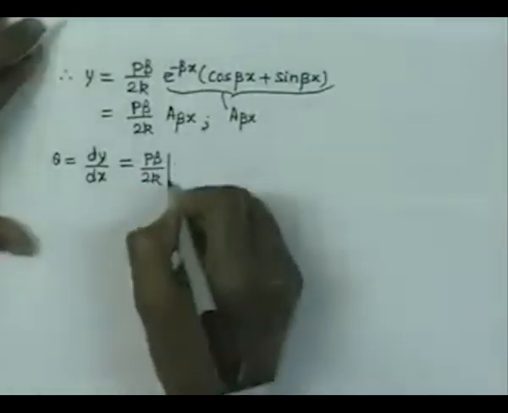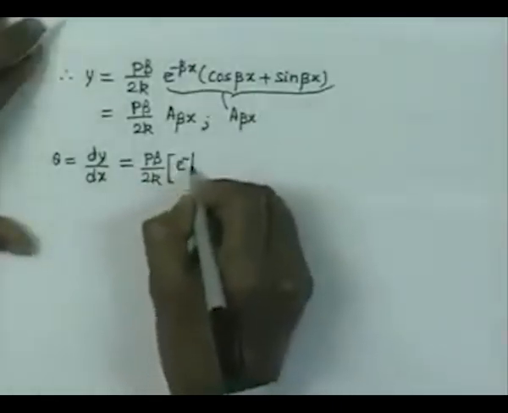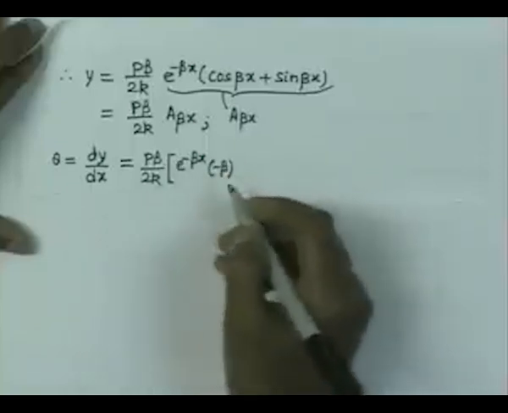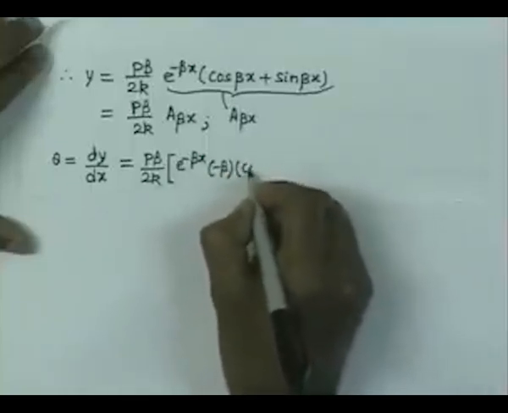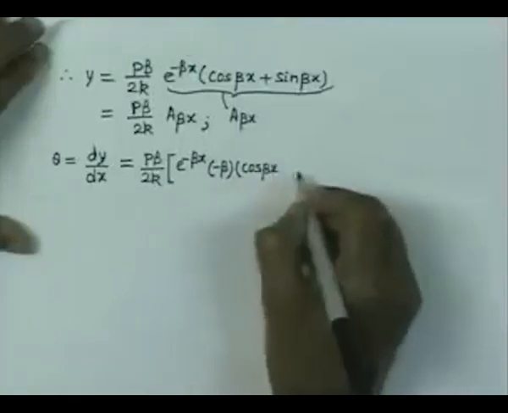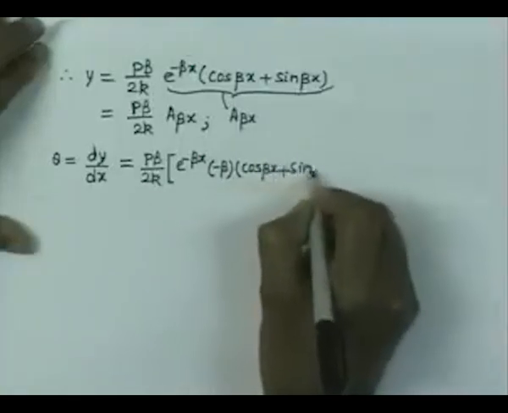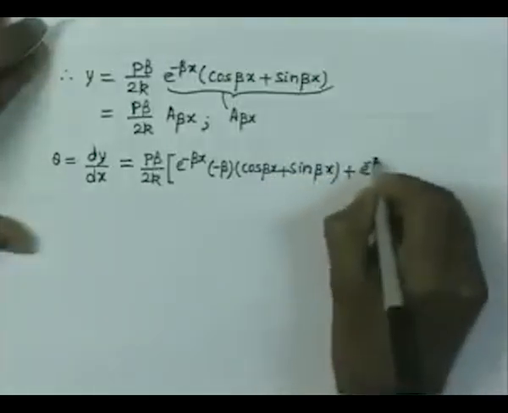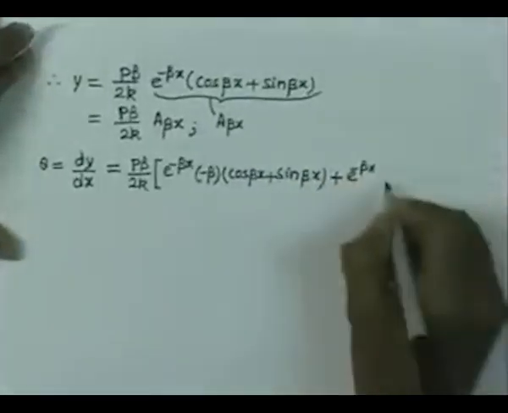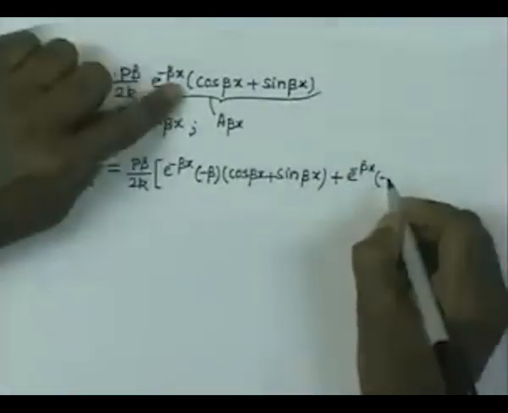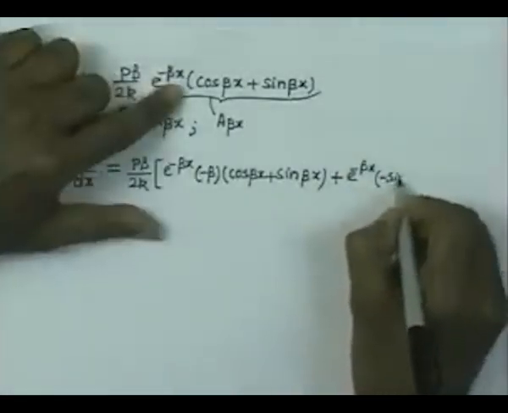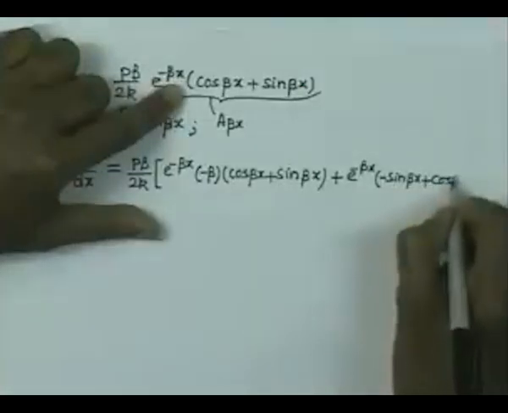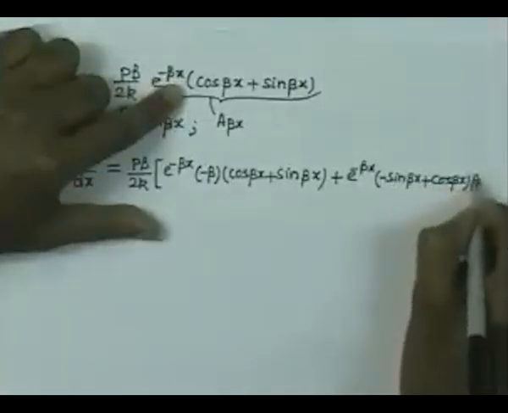If we differentiate this, e to the power minus beta x, minus beta for the first function, and then cosine beta x plus sine beta x, plus e to the power minus beta x into the differentiation of this, which will give us minus sine beta x plus cosine beta x, into beta.